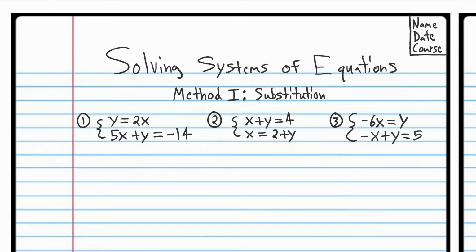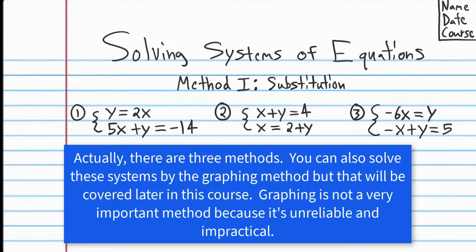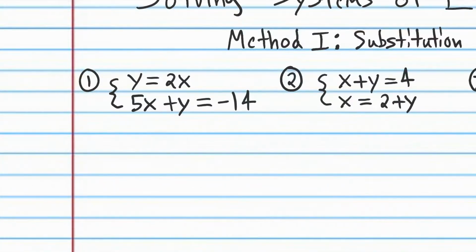Now there are two primary methods for solving systems of equations: substitution, which we're going to learn now, and elimination, which we're going to learn later on in this class. So let's learn substitution. Substitution is a useful method when one of the variables in one or more of the equations is solved for.